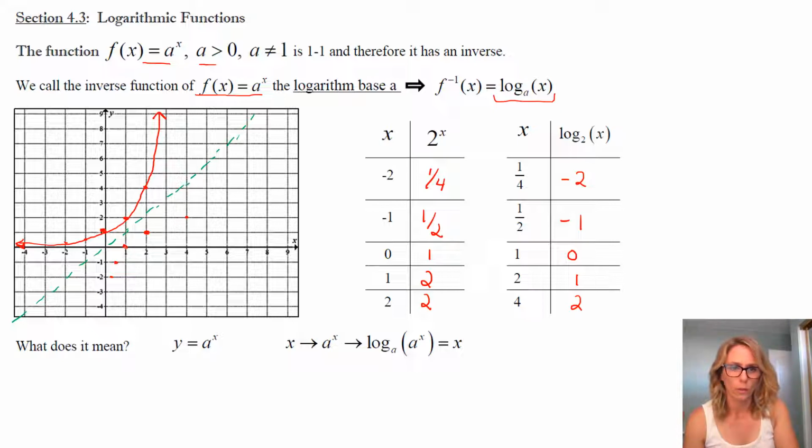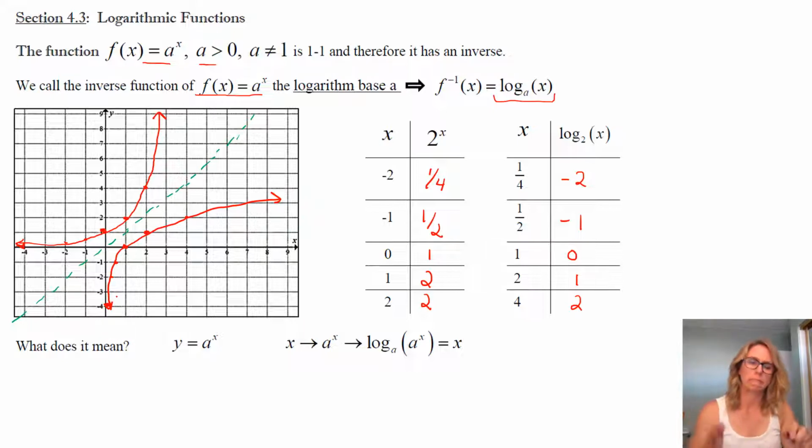So our logarithmic function is going to have this shape, and then it's going to head down like this towards the y-axis there. Do notice the symmetry that's occurring because they are inverses.